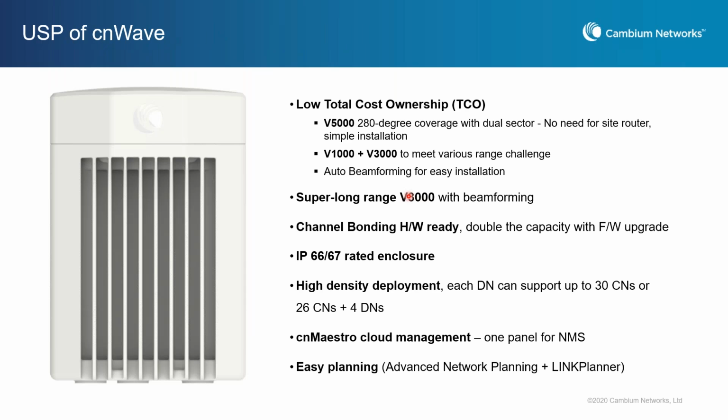So in summary, we really think about the design as focused on lower total cost of ownership. With the V5000 model's two-sector design, we remove the dependency on a site router for traffic across sectors.